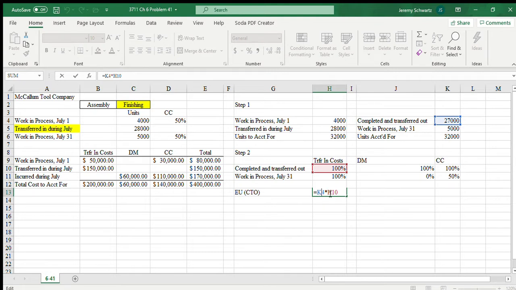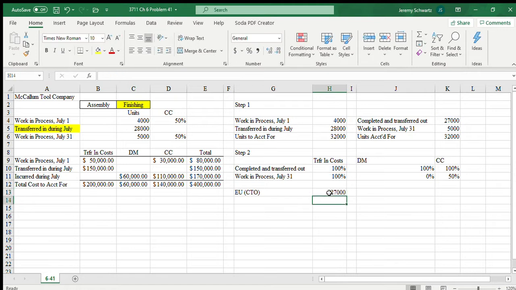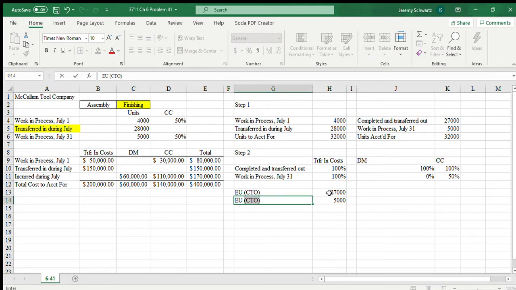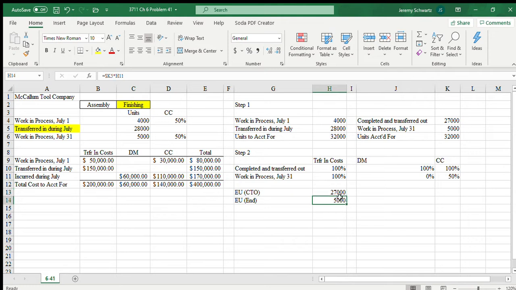So we'd go through the F4 such that we would have the column stay the same, so that when we would copy the formula down, we'd have our equivalent units for ending work in process, we'd have 5,000 equivalent units.